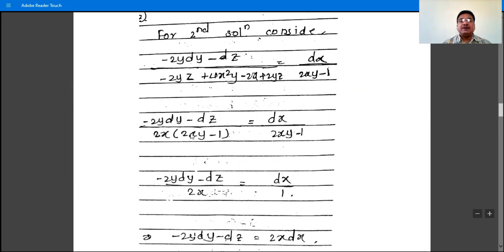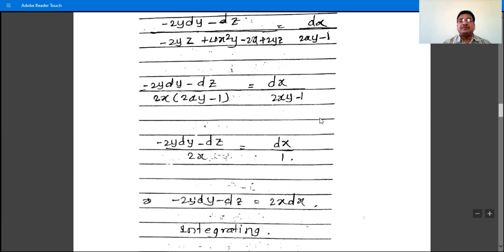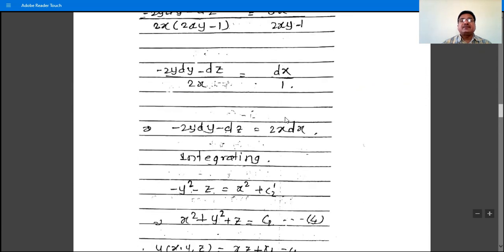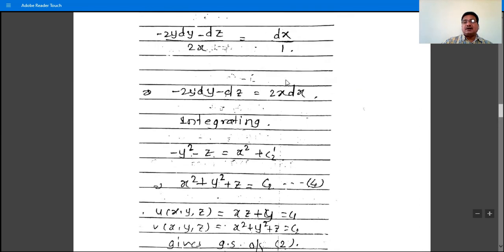Taking 2x as common, 2xy - 1 dx, and then cancelling this 2xy - 1, we have (-2y dy - dz) divided by 2x dx by 1. Shift this 2x to the right side, so we have 2x dx.